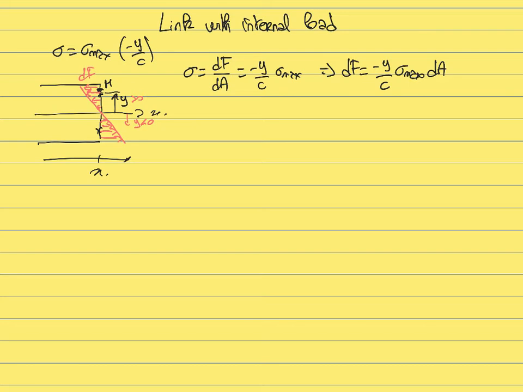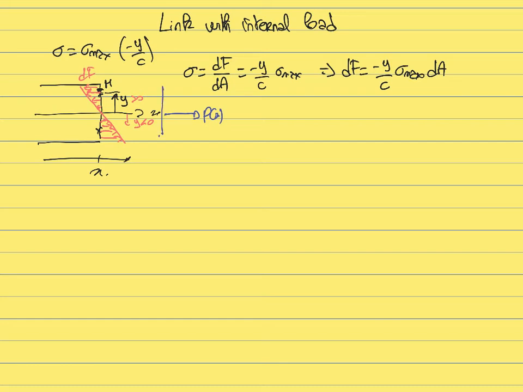Because if I cut the beam into two parts, then the right part acts as a fixed support for the left part. So I can say that because the right part becomes a fixed support, there will be three potential forces. There will be the normal load like this, which is the internal load. You define the internal load as pointing towards the outside like this.